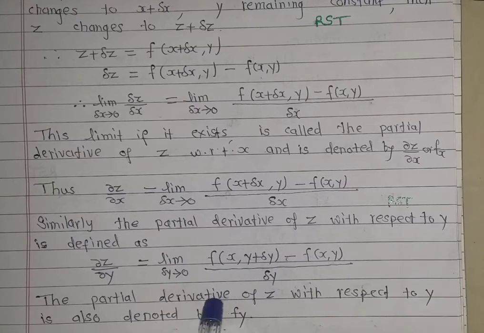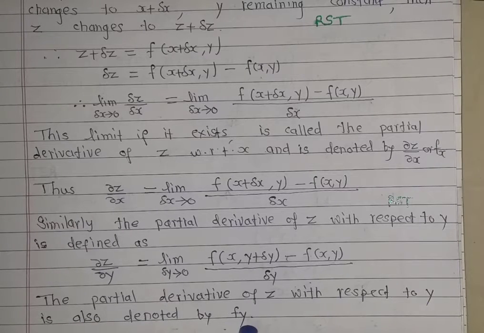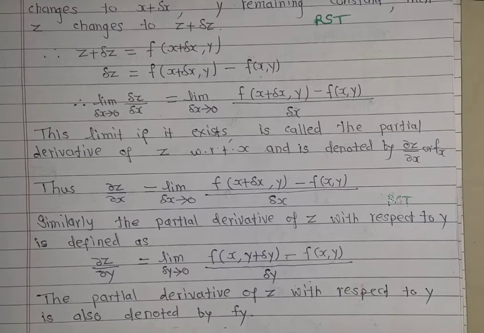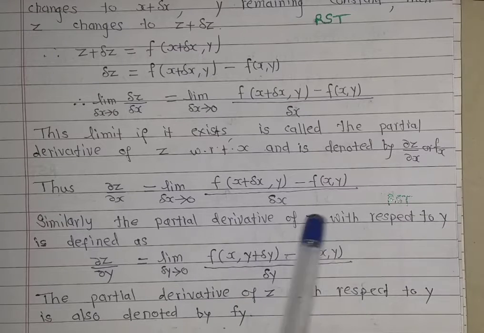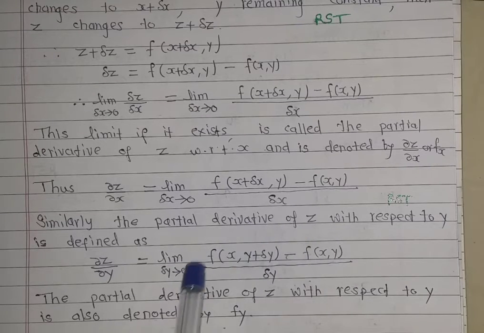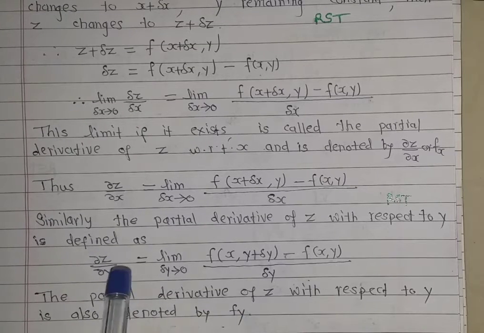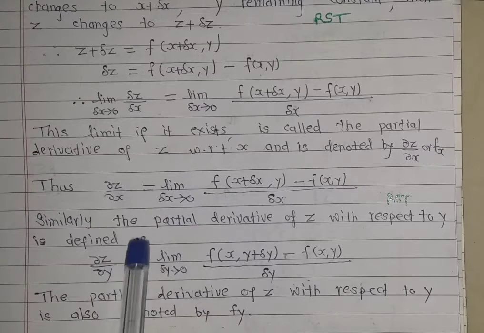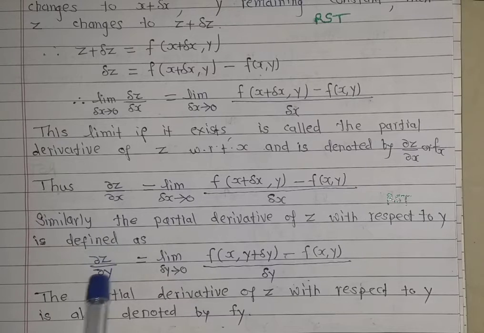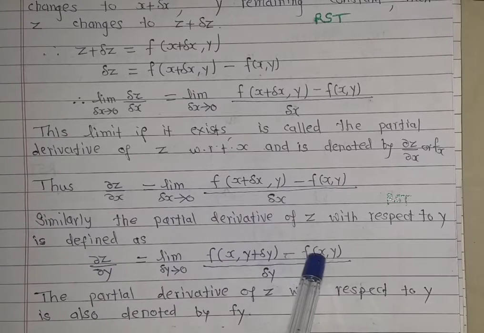If this partial derivative of z with respect to y exists, then it is denoted by delta z by delta y or fy. Here, with the partial derivative of z with respect to y, x is constant.